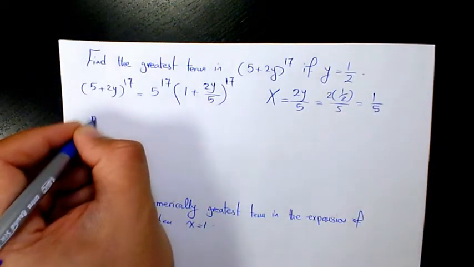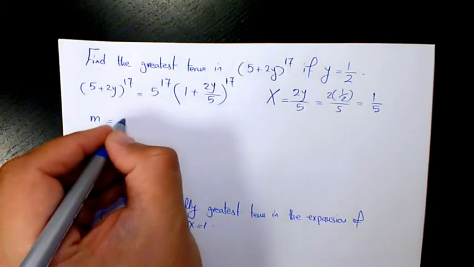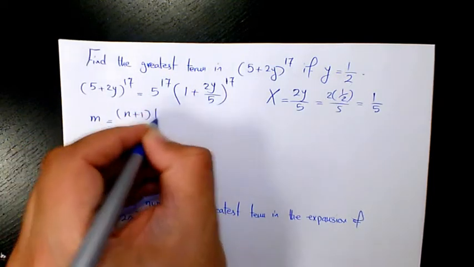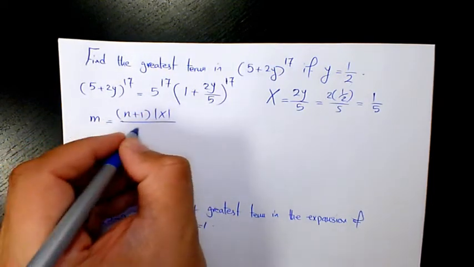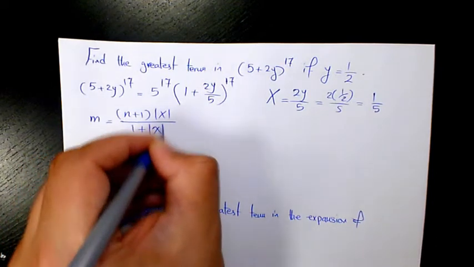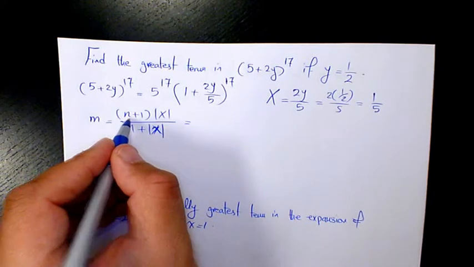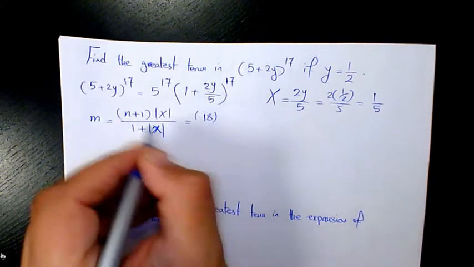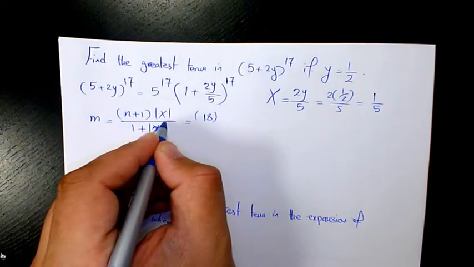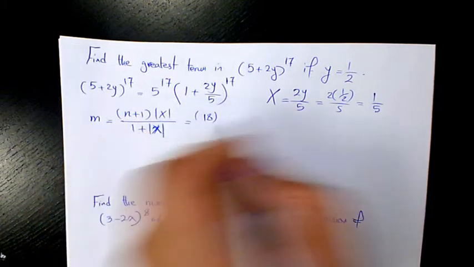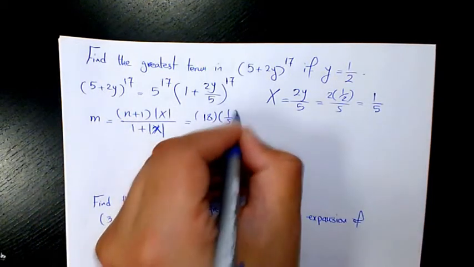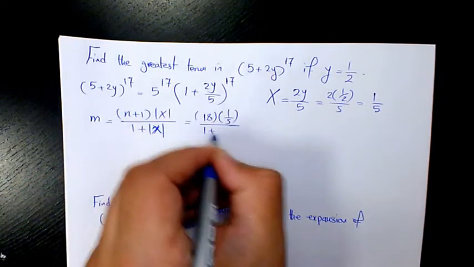Now let's calculate the value of m, which is (n + 1) times the absolute value of x over 1 plus the absolute value of x. That's going to be 18. The absolute value of x is going to be 1/5. 1 plus 1/5.